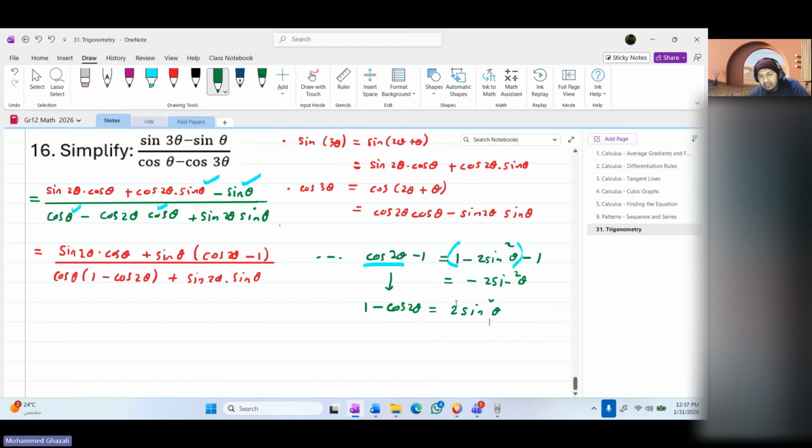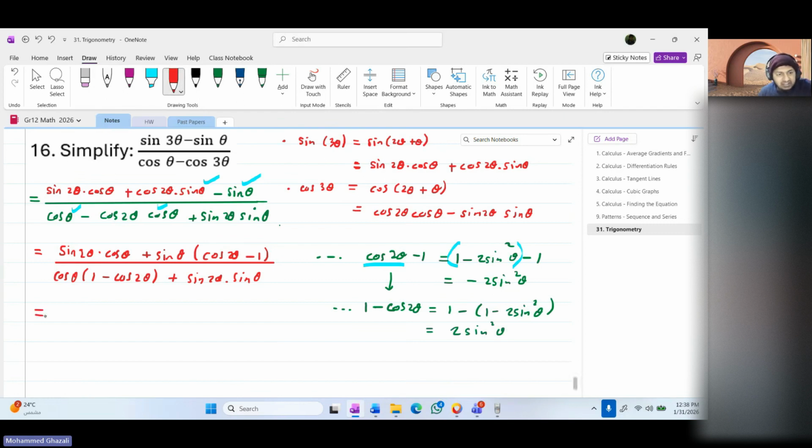So 1 minus cos 2 theta is 1 minus (1 minus 2 sine squared theta). The 1 minus 1 cancels out, minus minus is plus, so just 2 sine squared theta. Right, so I've simplified that.